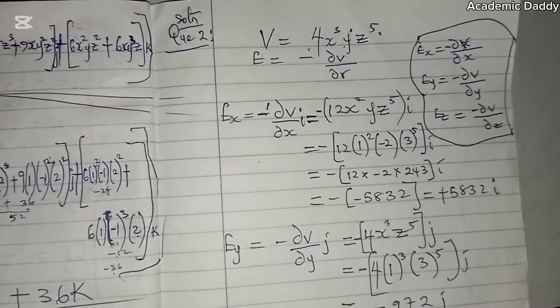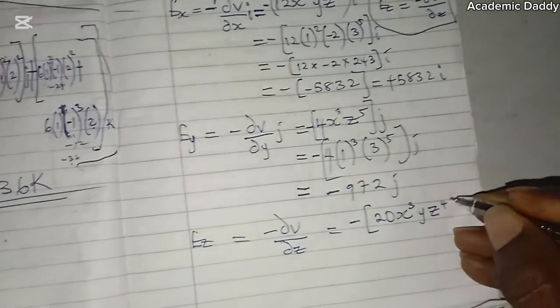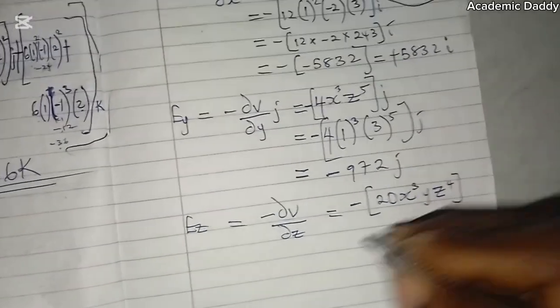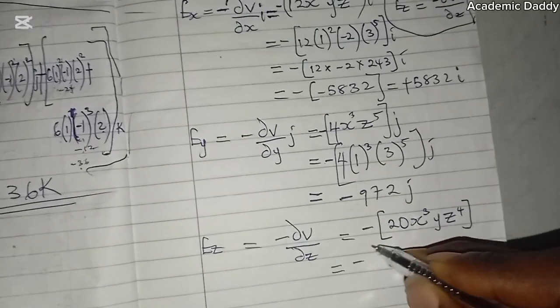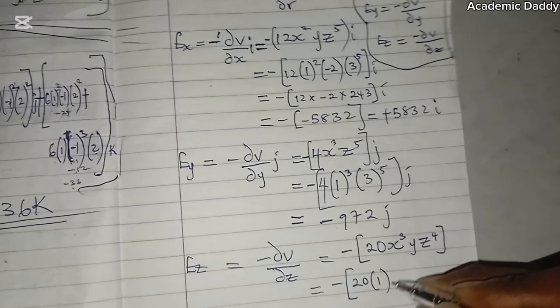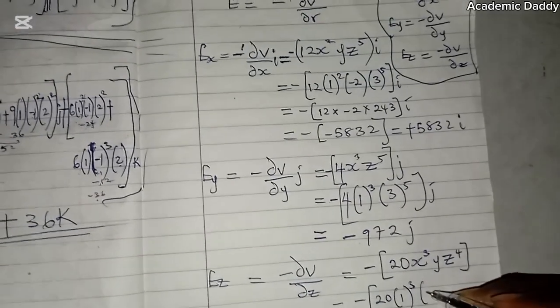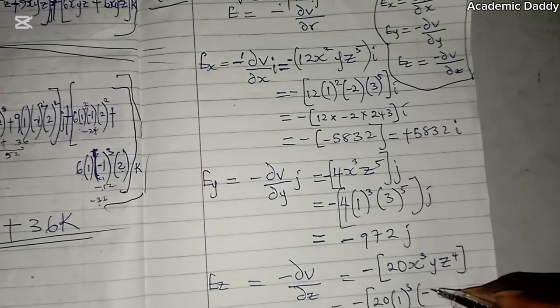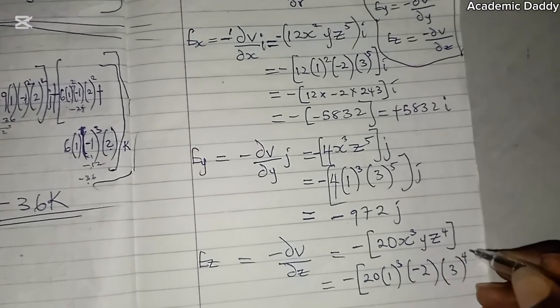So now minus 1 from 5 is 4. So I have z raised to power 4. So I now have equals to, is going to be minus 20 into 1 raised to power 3. Then y is minus 2. Then z is 3 raised to power 4.